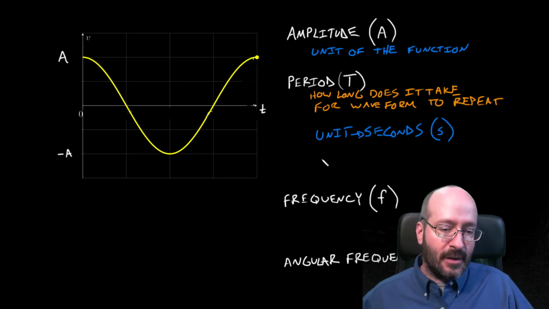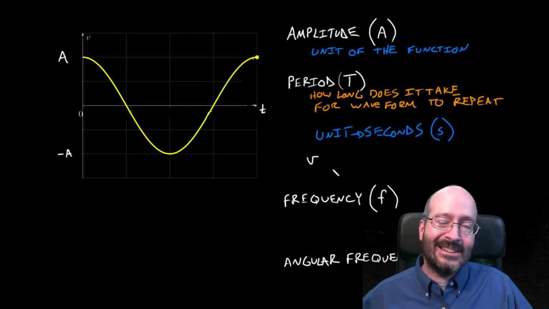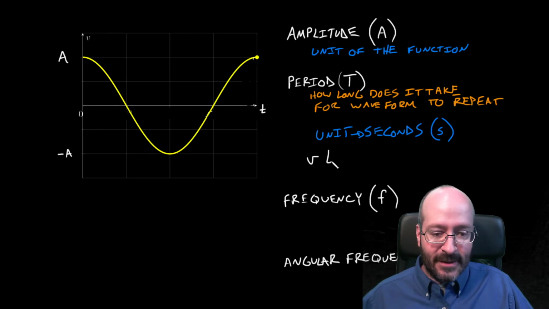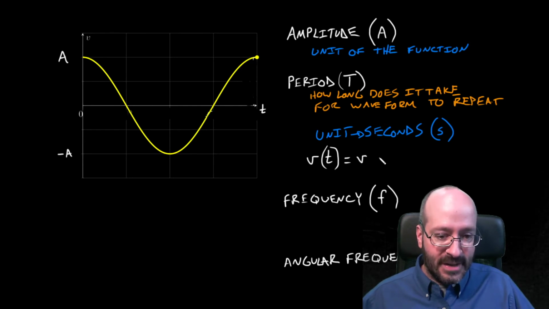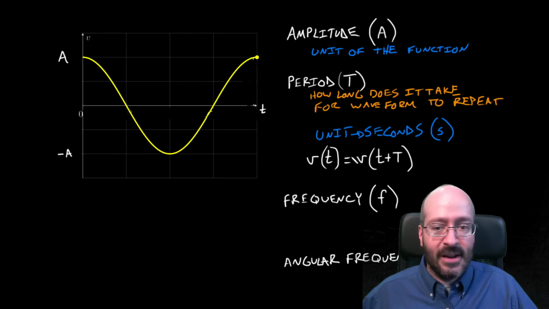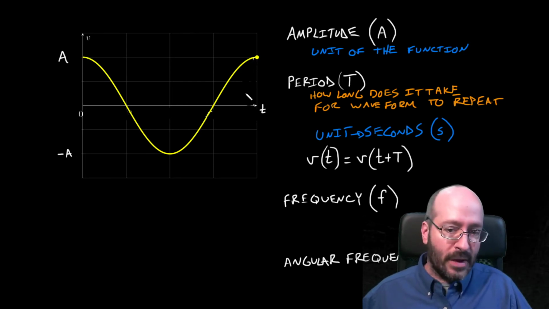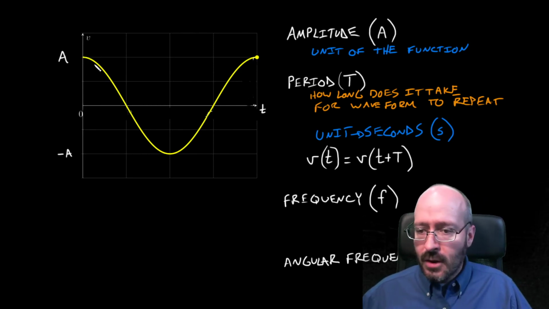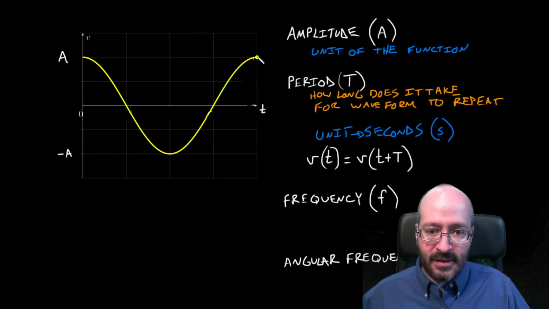You may see it written formally as, if I have the function v of t, some voltage, then that function needs to be equal to itself if I jump forward in time by some constant value, and we call that constant value a period. Looking at our waveform, from here to here the waveform is going to be the same.